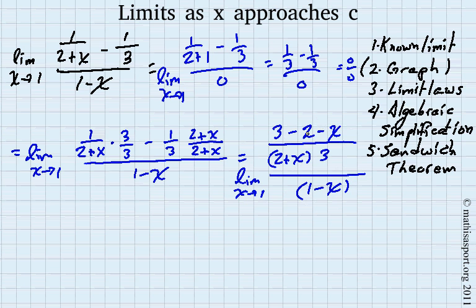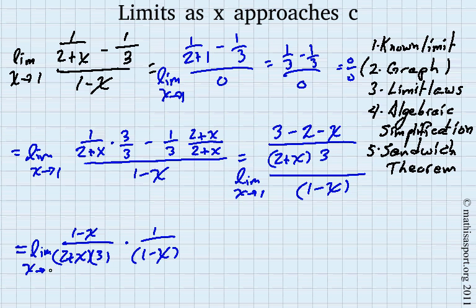This might be a little intimidating to you, but remember that we can turn this division by something into multiplication by the reciprocal. So let's write that out. 3 minus 2, of course, is 1. So I have 1 minus x divided by 2 plus x times 3. And now I'll multiply by 1 over 1 minus x. Well, that gives us the desired 1 minus x factor.